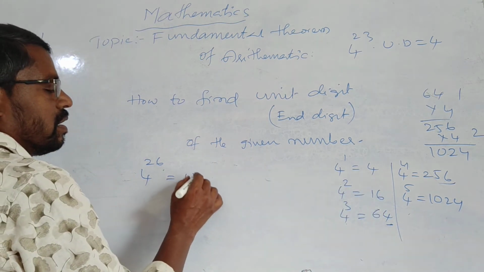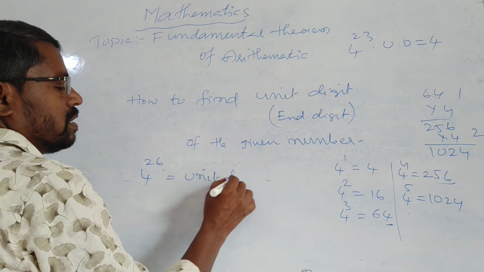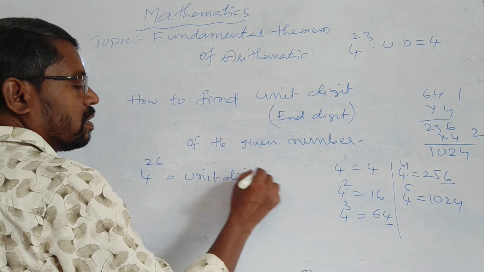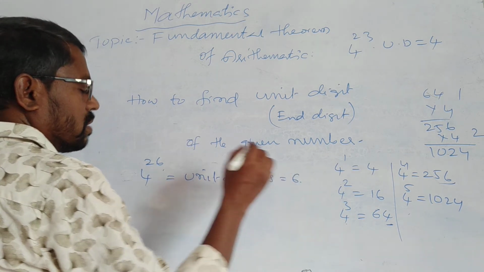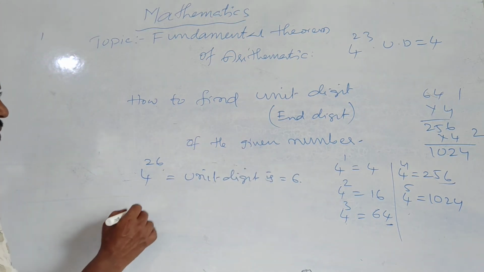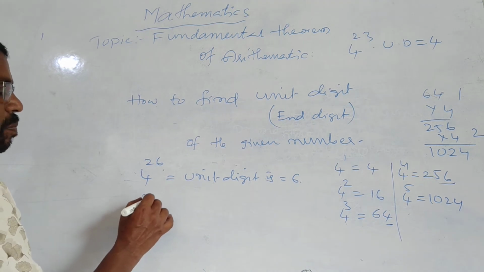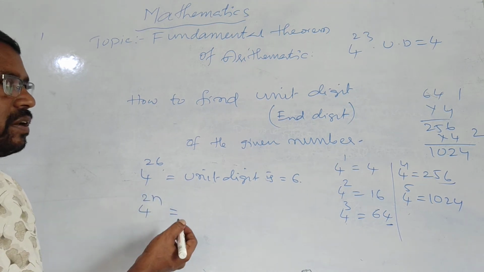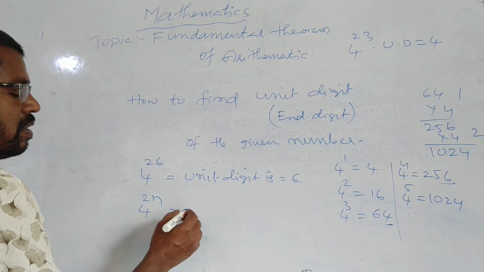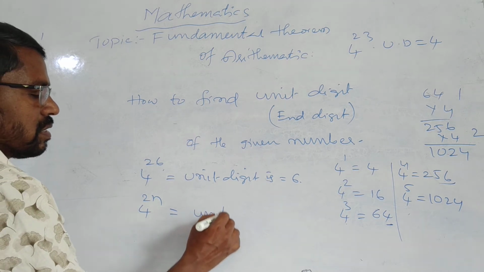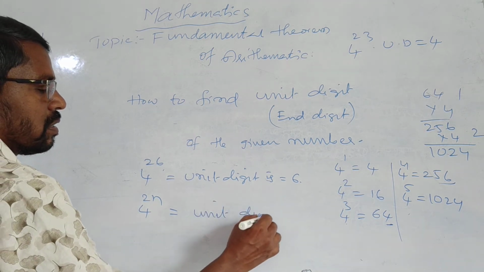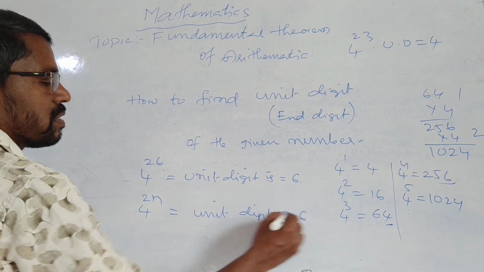Directly we can say that the unit digit is 6. So similarly we can say that for 4 power 2n, the unit digit is 6.